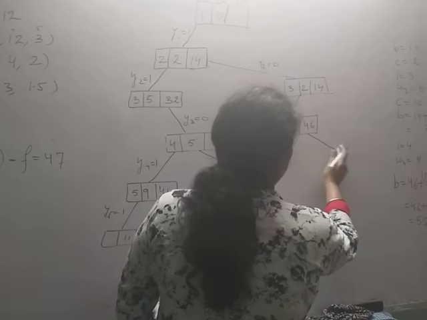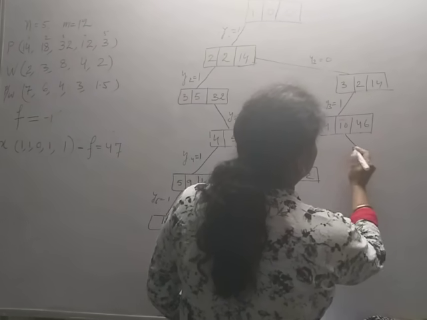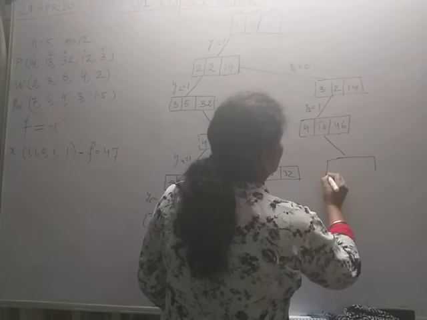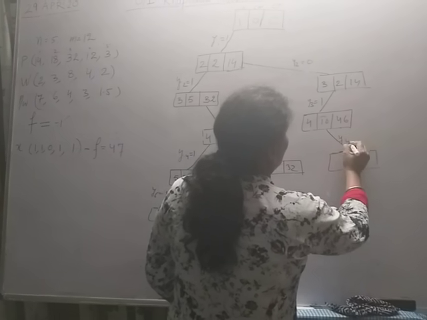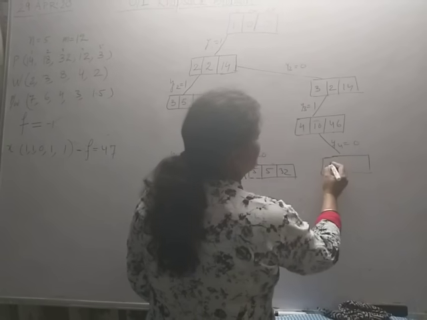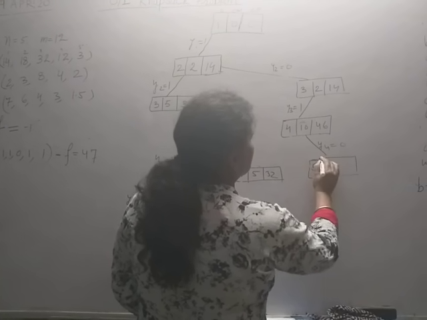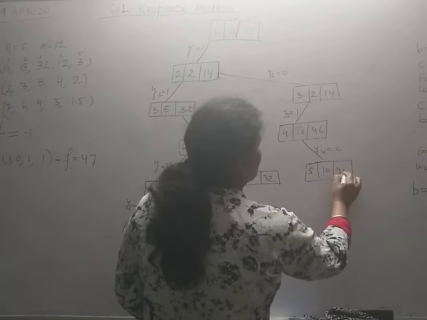So here now we consider the right branch. Right branch is this one. y4 equal to 0. This is the right branch. So the decision for the fifth object and 10 and 46.